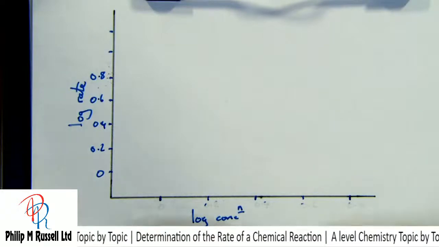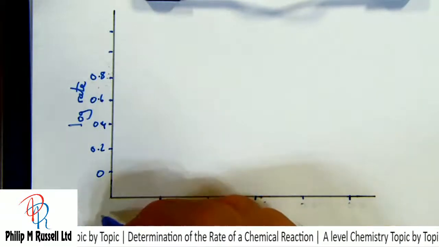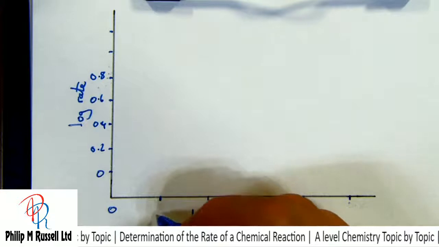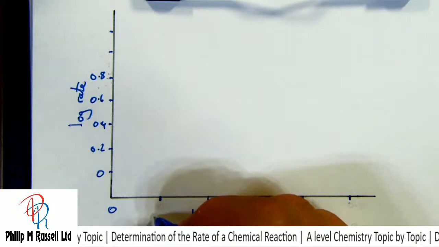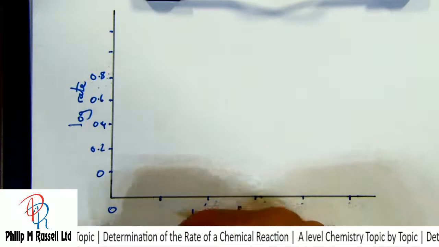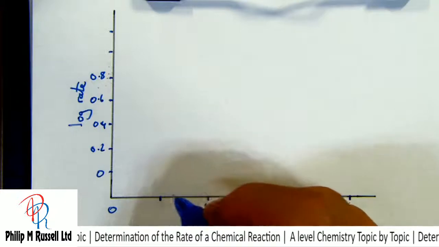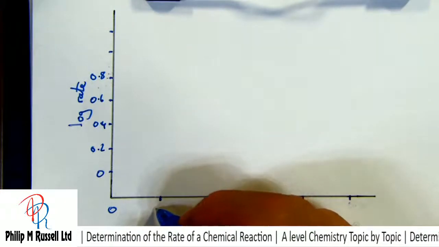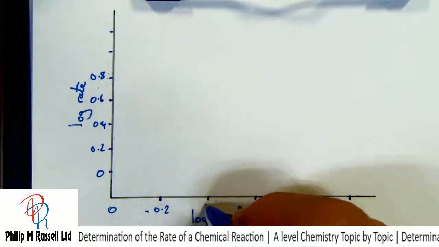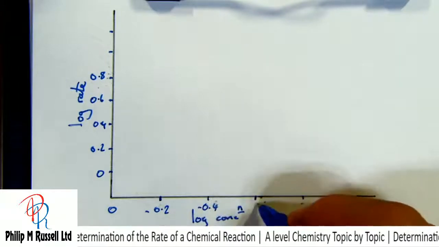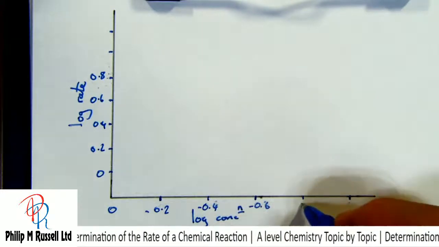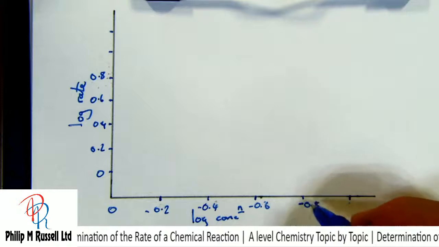So this is going to go from 0, and I've got to go minus, so up to 0.7, so minus 0.2, minus 0.4, minus 0.6, minus 0.8.